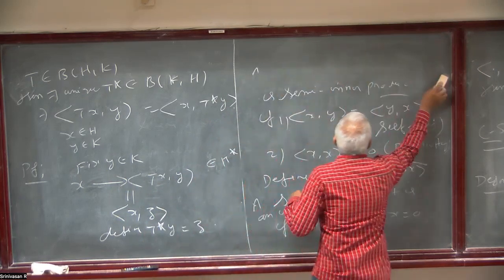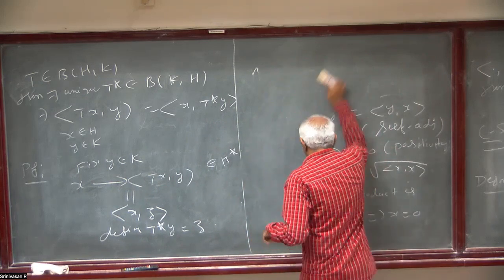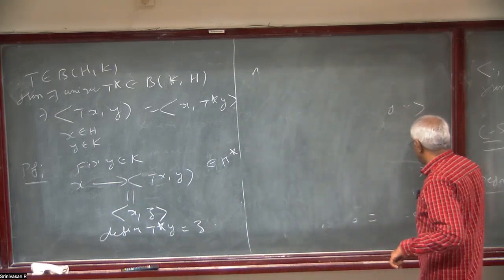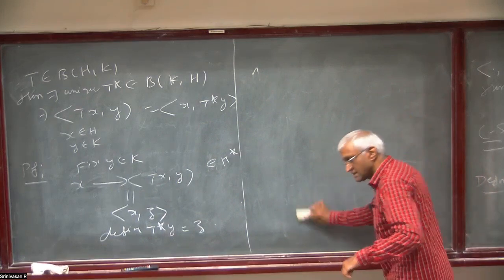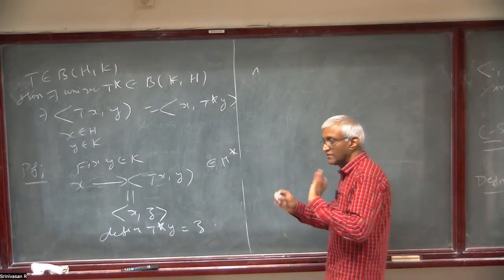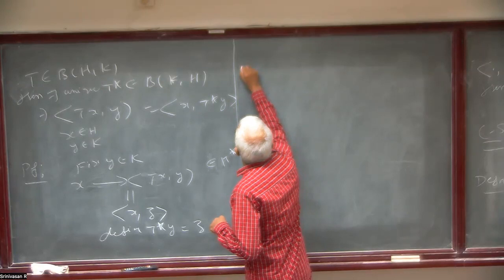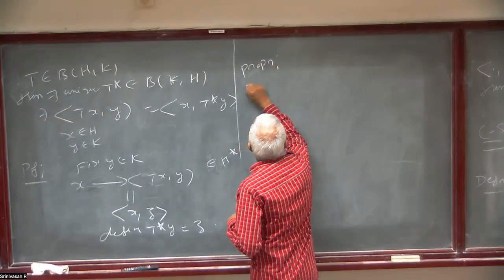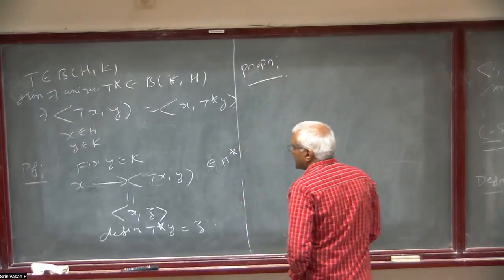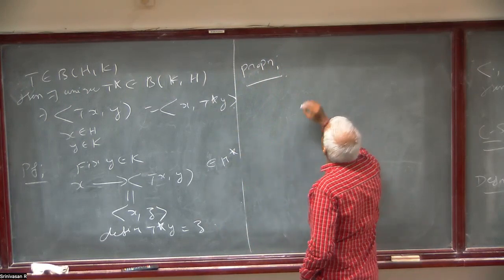So I will list down the properties of the adjoints. I don't know whether you have seen this before. Proposition. These are the properties that I have written.